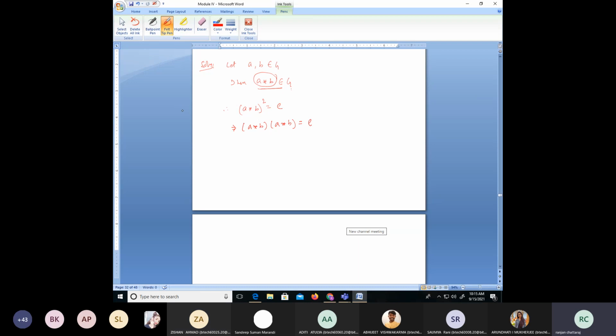What we have to prove? We have already proved these problems in previous classes, suppose in the third class of this group.